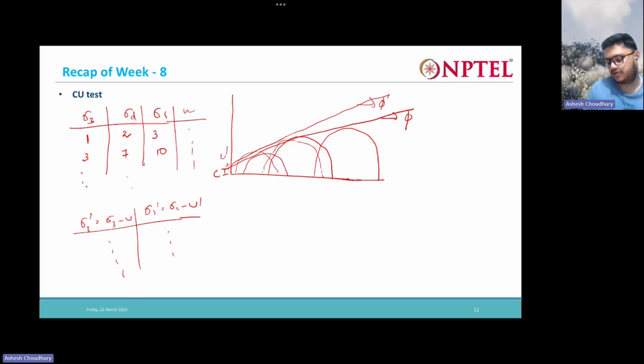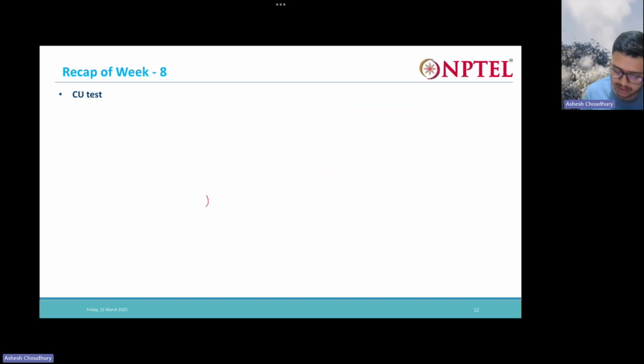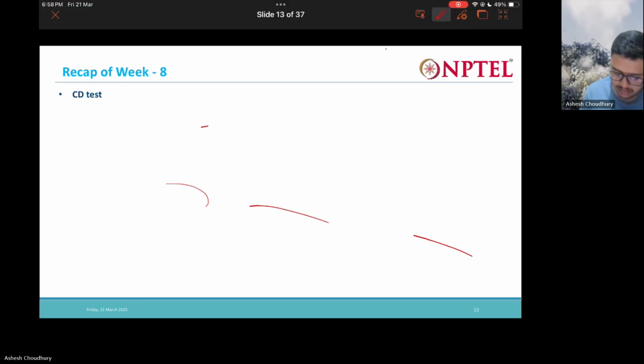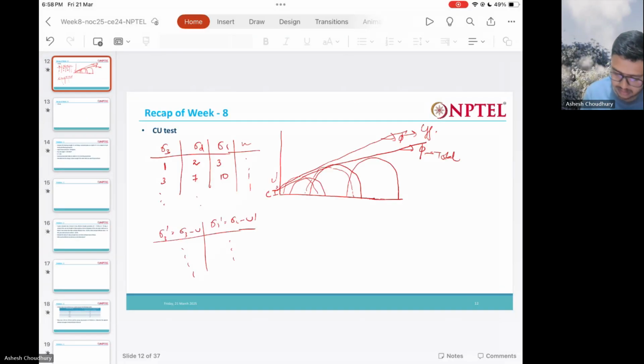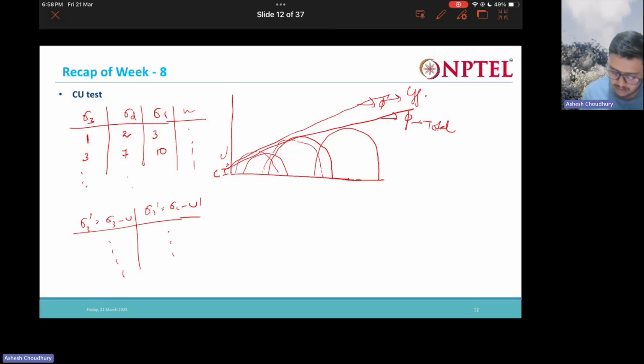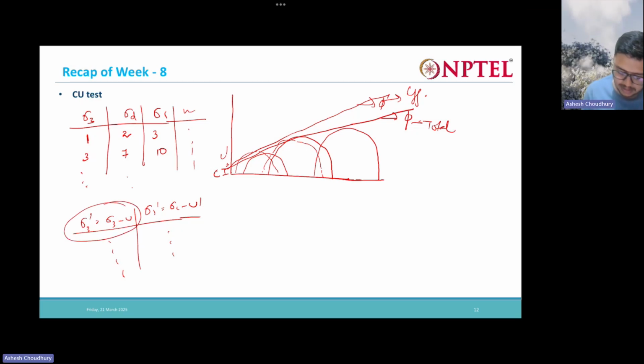So these are my total values and these are my effective values. Effective values, we can get like this.